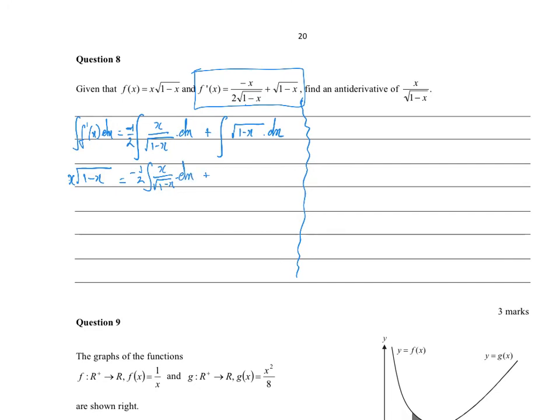Now, I'll just write it as 1 minus x to the half dx. So it's this expression in red that I'm looking to get an answer for, isn't it? I want to find an antiderivative of that. So if I just keep plotting away, I've got x square root 1 minus x. I'll leave the half here, and in fact what I'll do is, that's what I'm trying to get on its own.